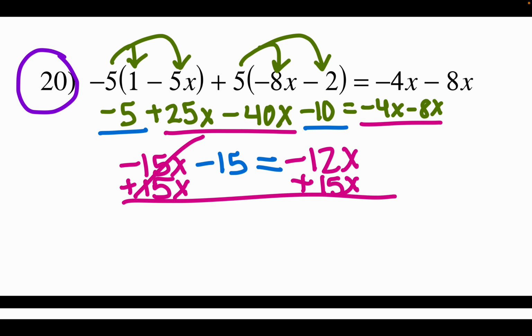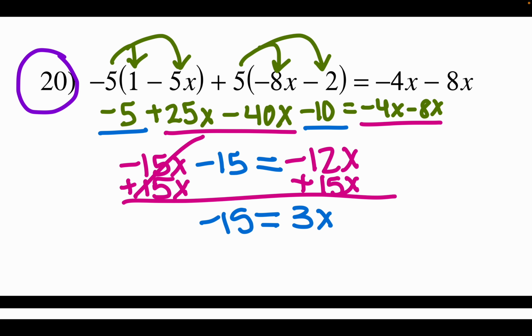So those 15x's cancel out. So we're left with negative 15 equals 15 and a negative 12. That gives us 3x. So when I move that 15x over, now our x is over here, but there's no more x's over here, which is what we want.